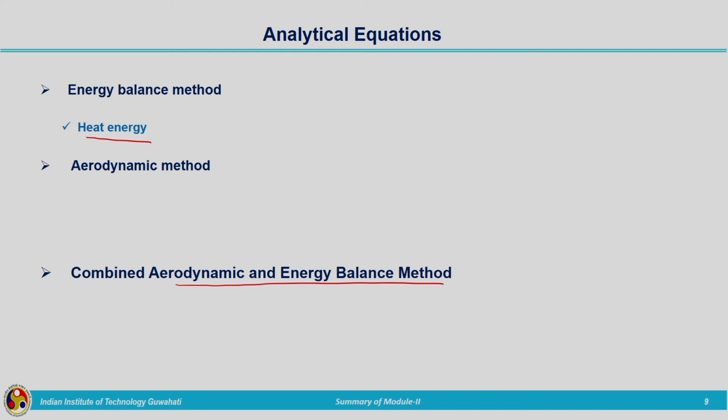In the aerodynamic method we considered wind velocity and also humidity. It is pointed out that humidity present in the atmosphere is also an important factor. It is a main factor which determines how much water vapor can be added to the atmosphere again, so we cannot ignore that. The other factor is how the vapor transport takes place by means of wind velocity.